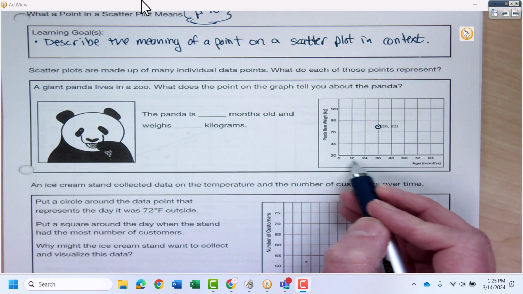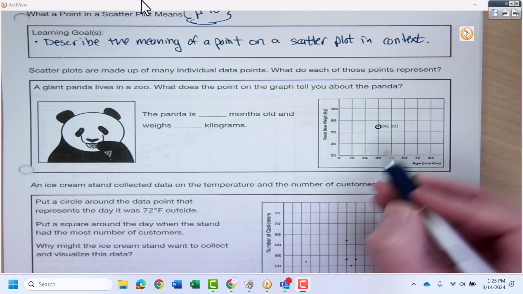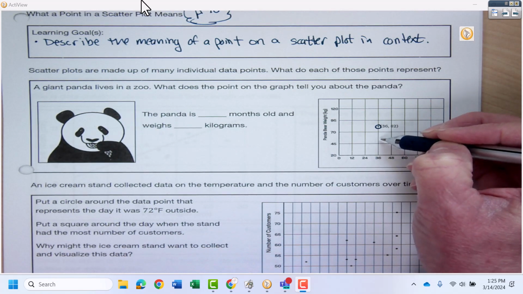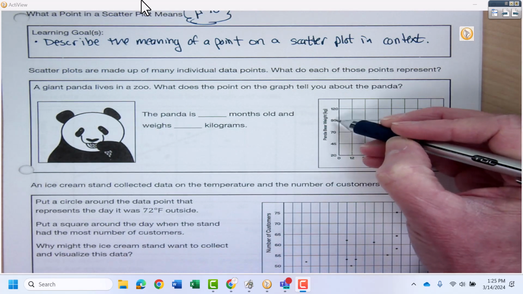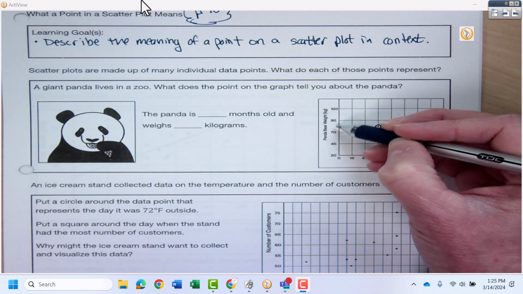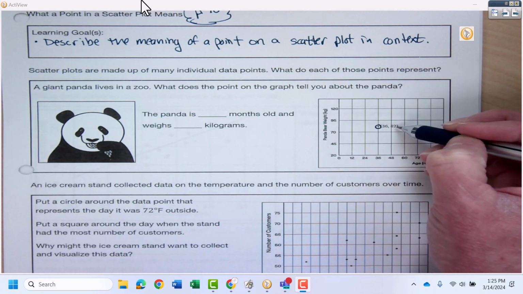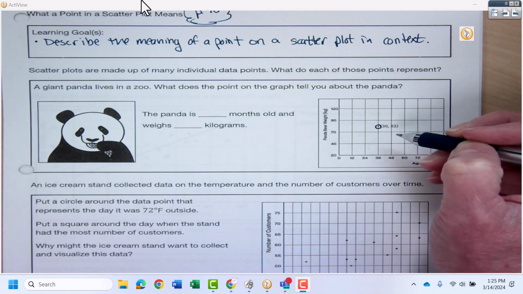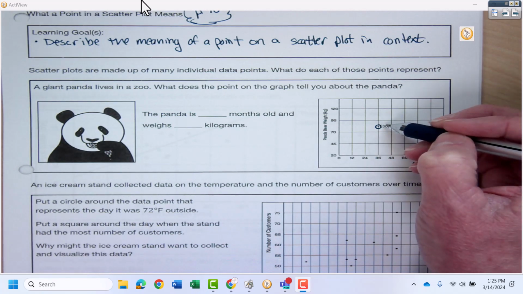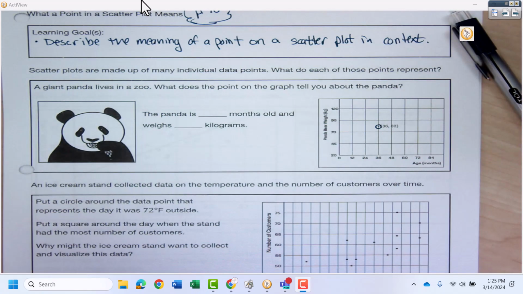The x value, which is 36, and coming up, the y value, which we have to estimate here to be somewhere between 70 and 95. But the coordinate here says that the y value is 82.